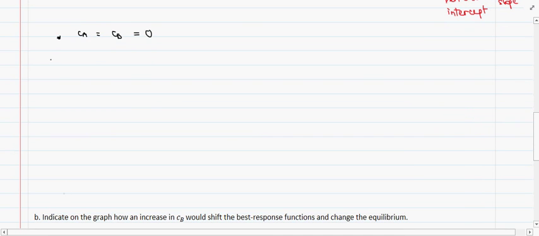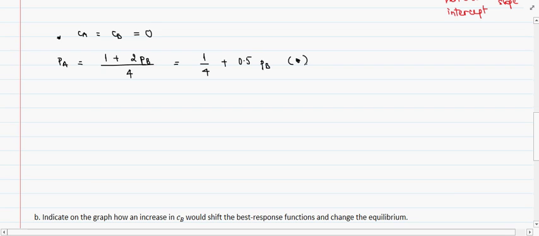so I got PA is now going to be (1 plus 2 PB plus 0) divided by 4. So it's going to be equal to 1 on 4 plus a half, 0.5 PB.